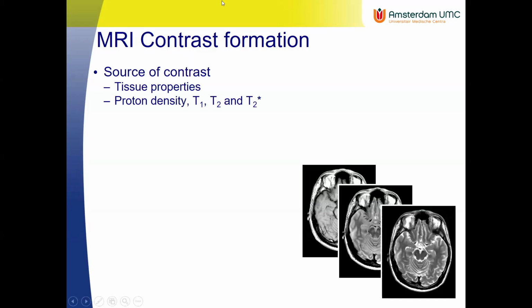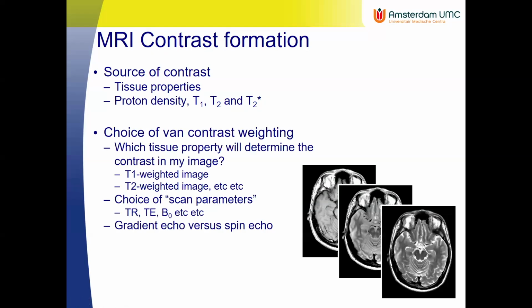So you have to make sure that you understand that there's a source of contrast, which is basically the tissue properties: proton density, T1, T2, T star. Those are tissue properties. And then on the other hand, I have a choice with the dials and knobs on my MRI scanner, which of those properties I make dominant in my MR image.